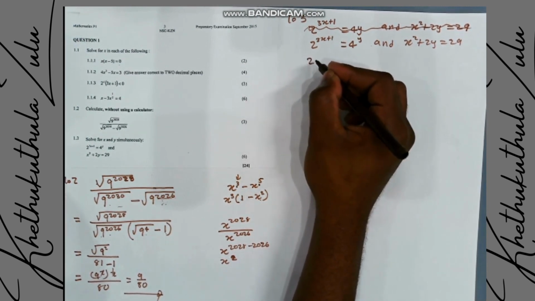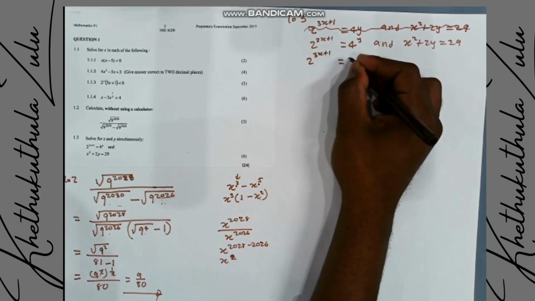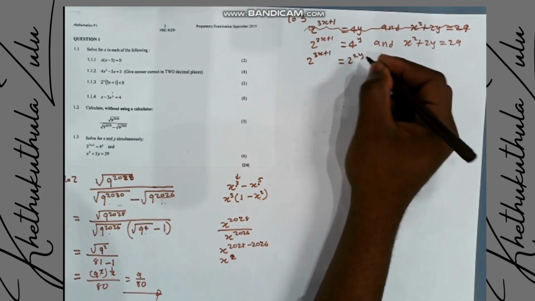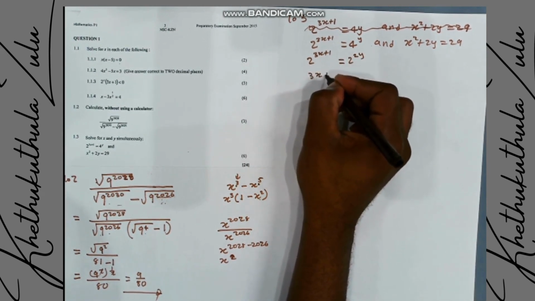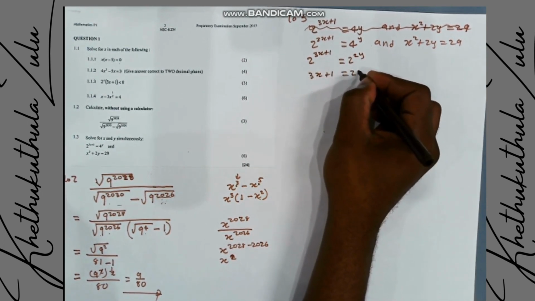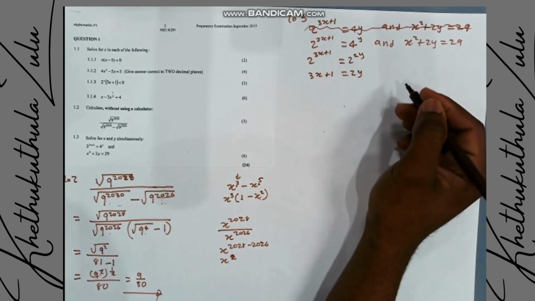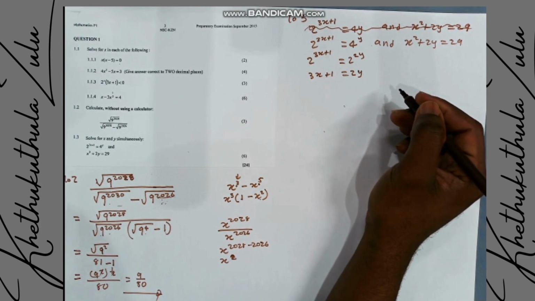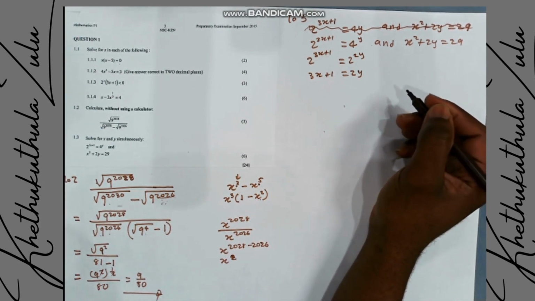So we can just say 2 into 3x plus 1 is equal to 2 into 2y, and then we can have 3x plus 1 is equal to 2y, same base, we grab the exponent. And then from here we can just make x or y the subject of the formula, depending on which one you choose.